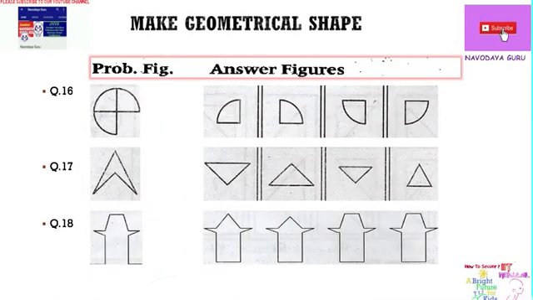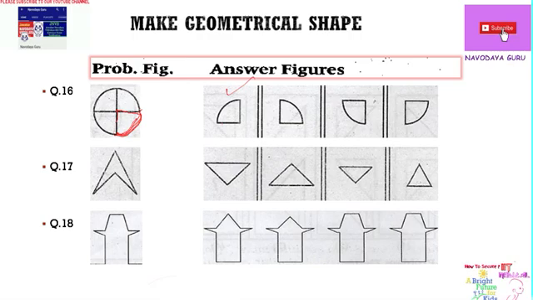Let's go to question number 16. This looks like a square which is incomplete. When we join this missing part, we should have this kind of formation taking place. Let's check. These two sides are perfect and the third side is circular in shape. This is fine.